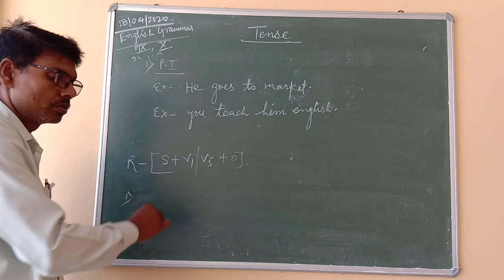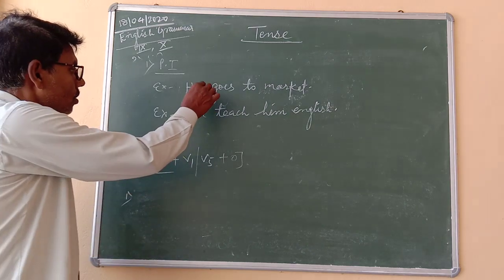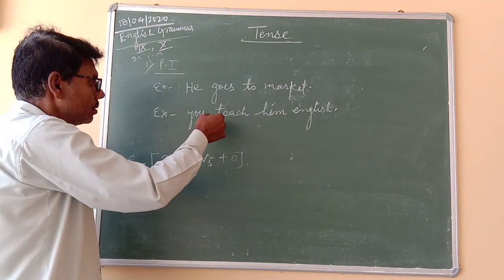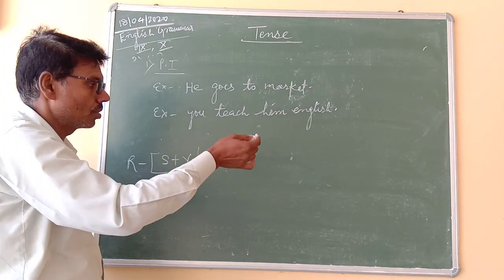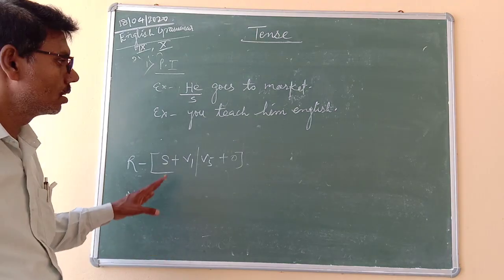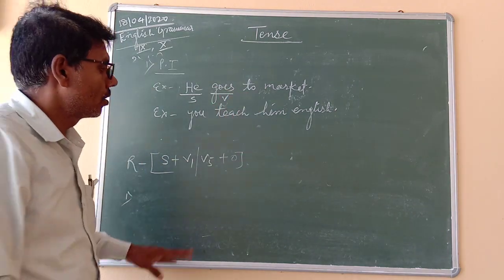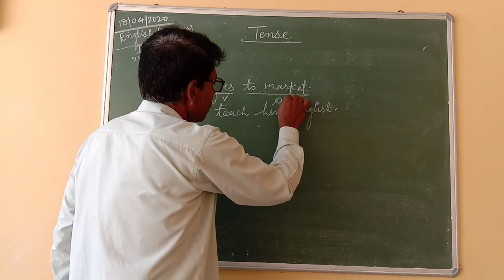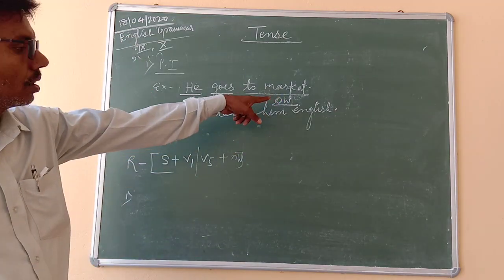We have to analyze through it. So we have to break the sentence first, and after that find out if the sentence is taken from present indefinite or not. This is subject, this one is verb, and this is other words.